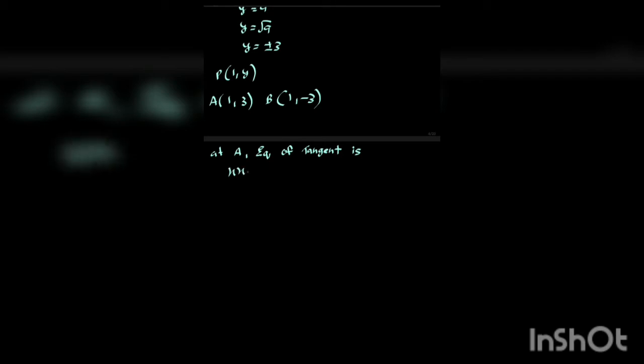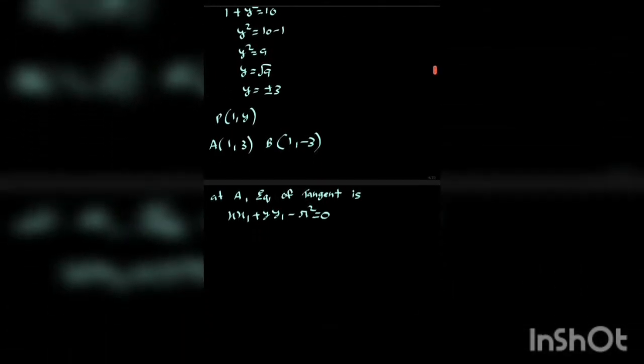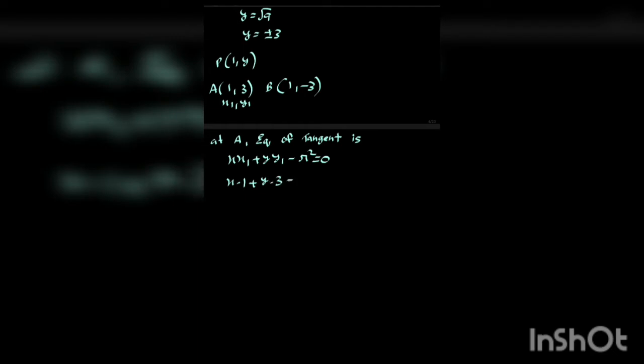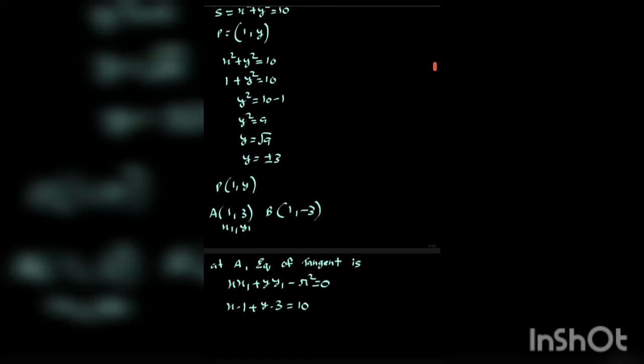So what is the equation of tangent? X into x1 plus y into y1 minus r square equal to 0. So if we take point A, 1 is x1 and 3 is y1. So x into 1 plus y into 3 is equal to 10. Why?